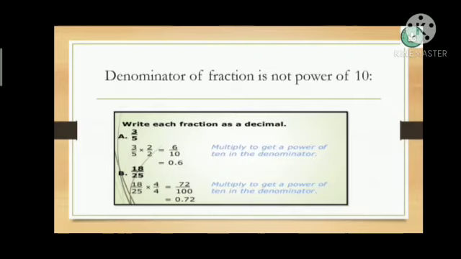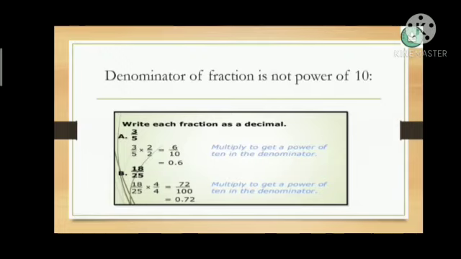Okay class, if the denominator of a fraction is not a power of 10, how can we write this fraction as a decimal fraction? In the example 3 upon 5, the denominator is not a power of 10. So we multiply the denominator by which number to get a power of 10?